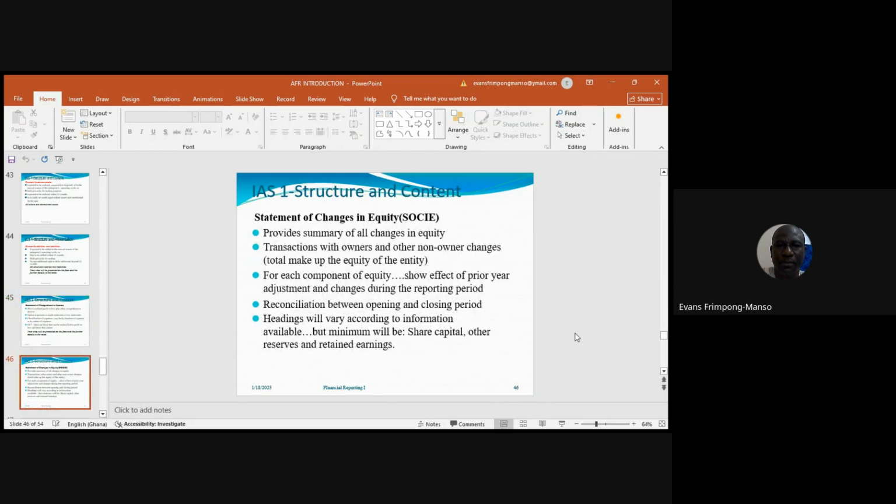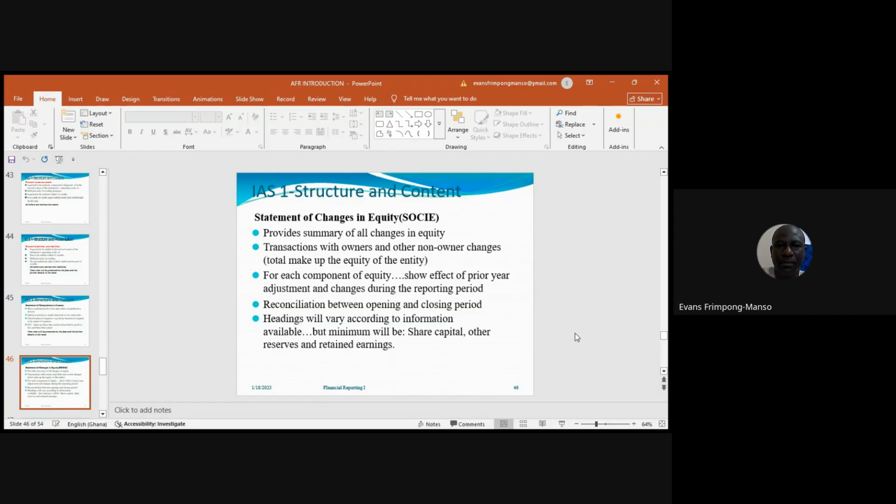Then when you go to the statement of changes in equity, anything that affects the shareholders' interest in the business is reported on the statement of changes in equity.